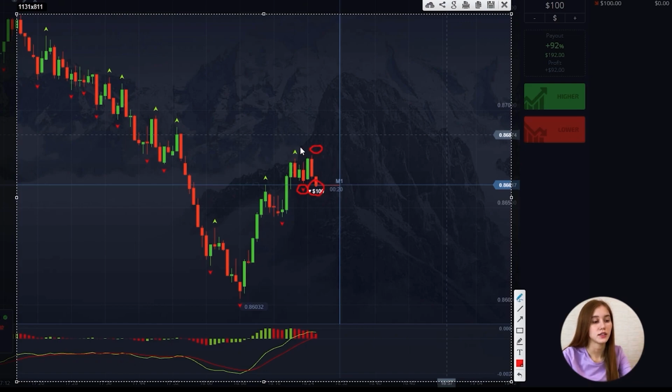And accordingly, if the fractal is updated up, then the chart will move down. When opening a deal, if there was a fractal up, you open for a fall. If the fractal is down, for an increase, just like this. Let's see our trade.